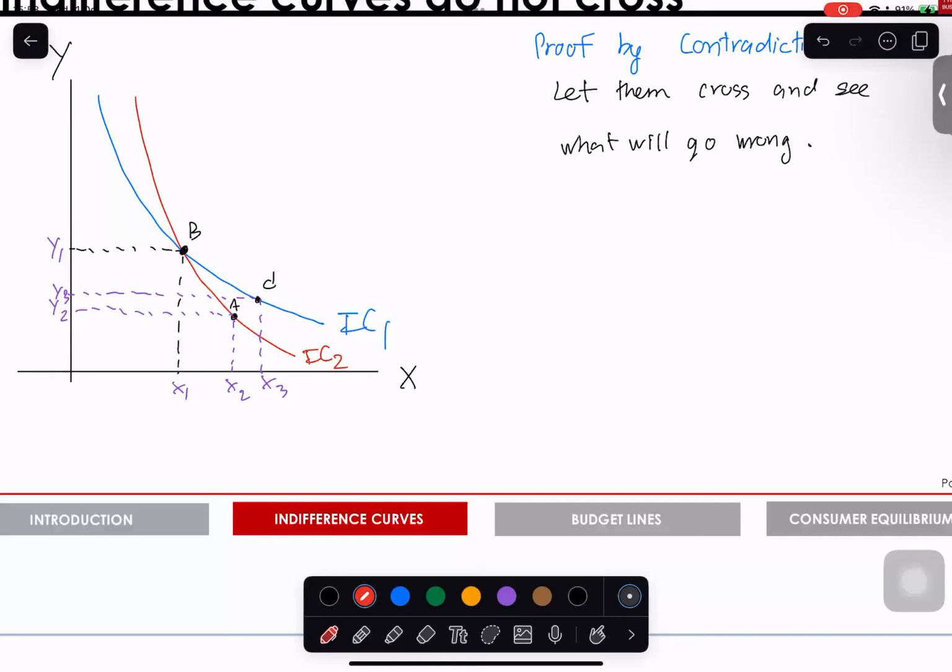Okay, let's start from the blue IC. Then let's see on IC1, what do we see?